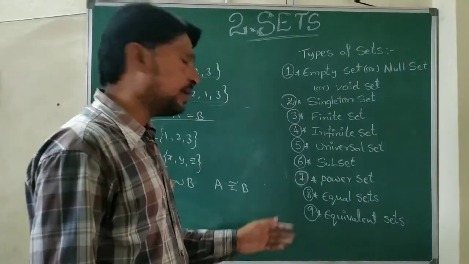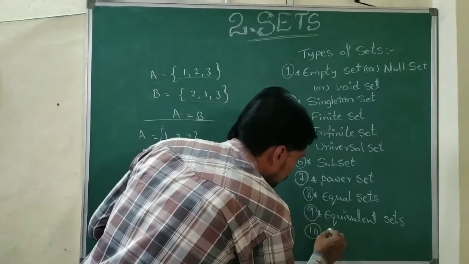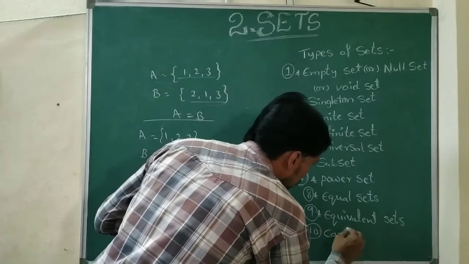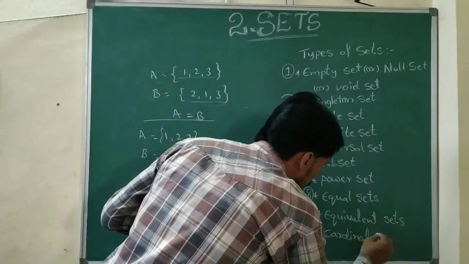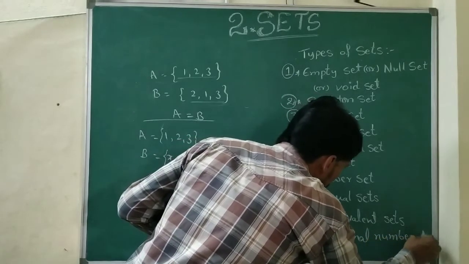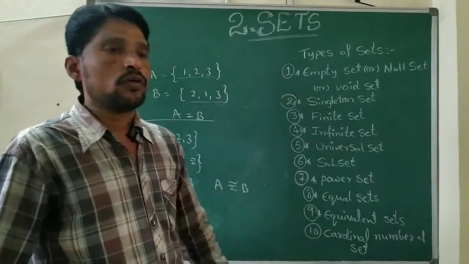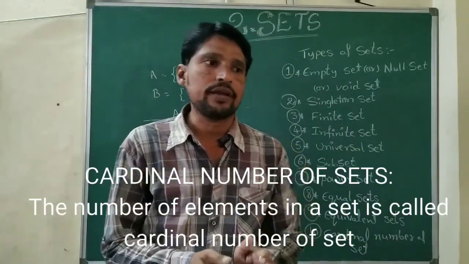Here we missed one, that is the cardinal number of a set. What is the cardinal number of a set?